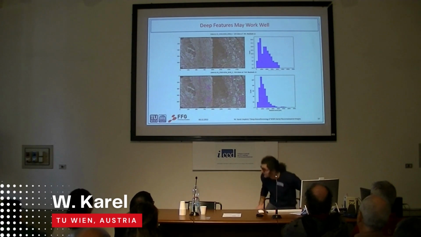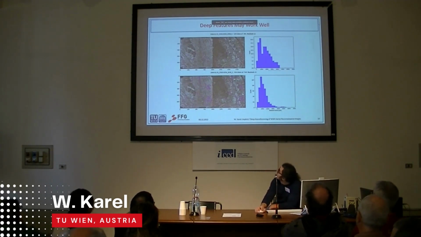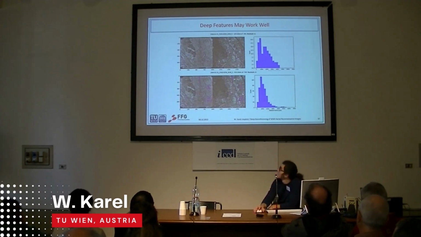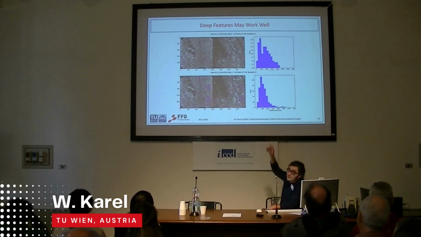Based on these feature points, we can estimate a transform, just a 2D similarity transform from one image to the other, which is indicated by this red rectangle.